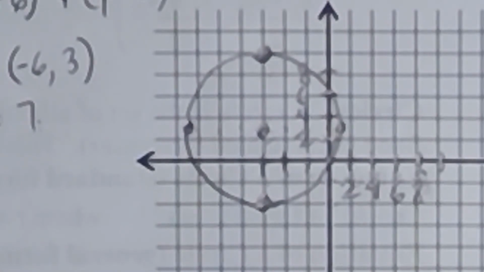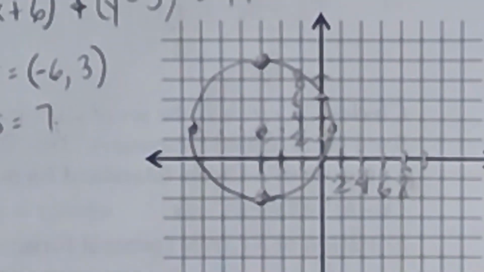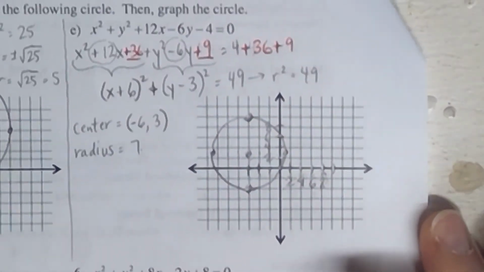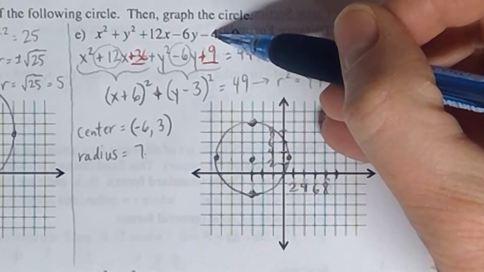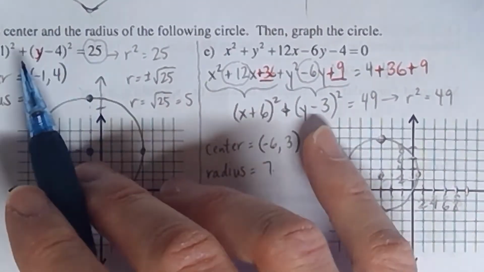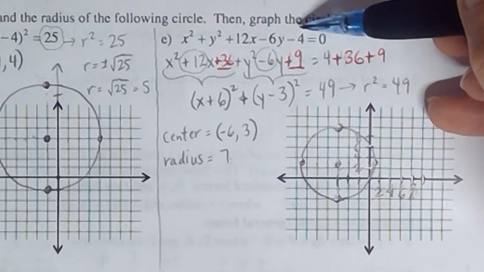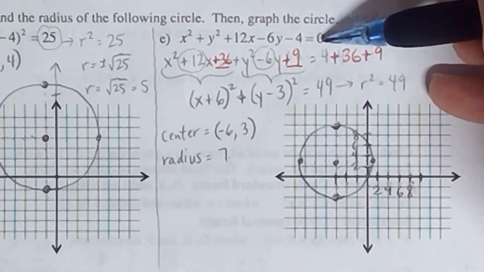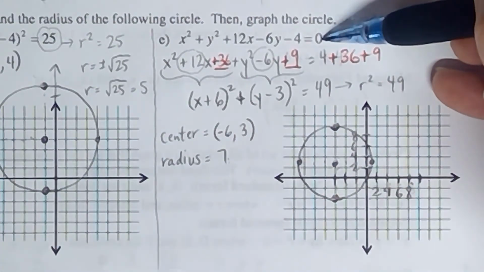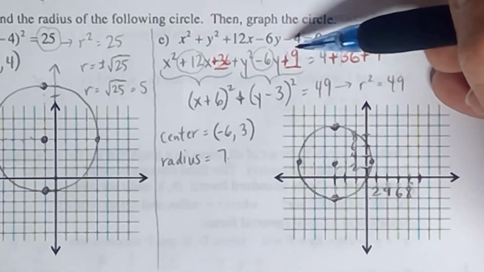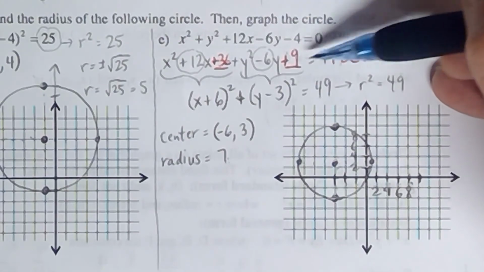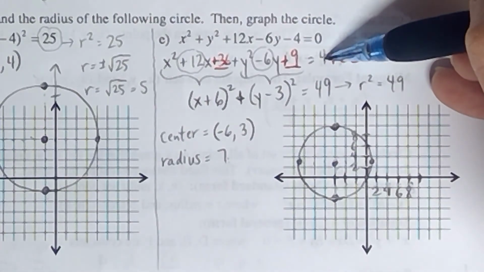Okay. So that is how you do it when you have the equation looking like this. You got to make it look like this with the 2 brackets. And you do that by what? You do that by moving the constant term over if it's not over there already. Not talking about the 0, but the non-zero number that doesn't have a variable in it. Move that over. I did that with the 4.